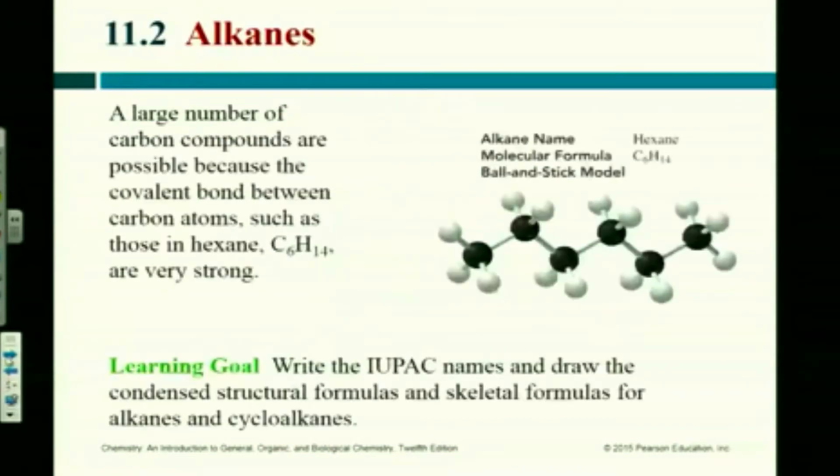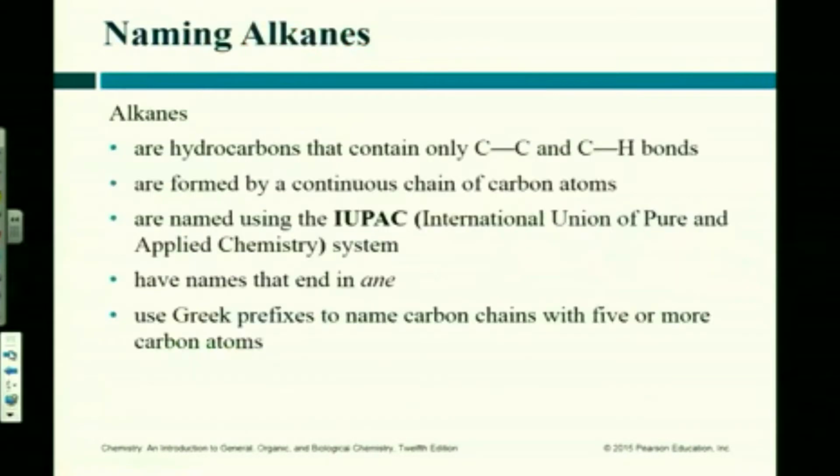Now, alkanes are the simplest organic compounds. They contain only carbon, hydrogen, and single bonds. So they're hydrocarbons with only single bonds. They're called alkanes. Now, we're going to practice naming some alkanes because it helps you know something about the structure to be able to name some of these compounds.